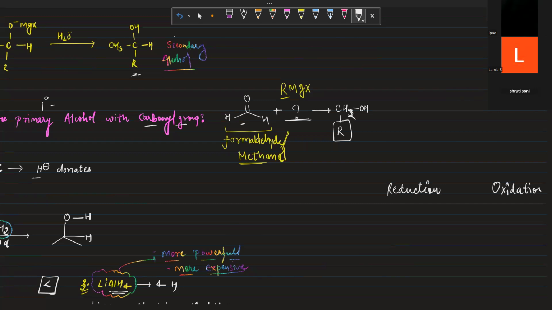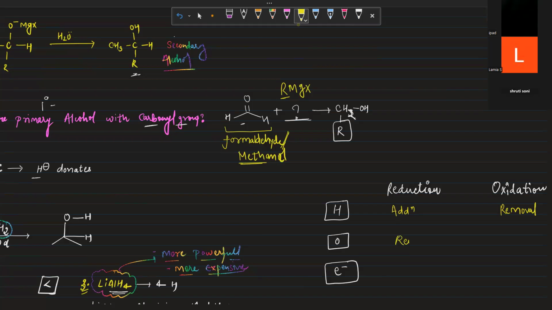Okay, so there are three bases on which we can differentiate reduction and oxidation: hydrogen, oxygen, and electron. If addition of hydrogen takes place, it is reduction, and if removal of hydrogen takes place in any reaction, it is oxidation.